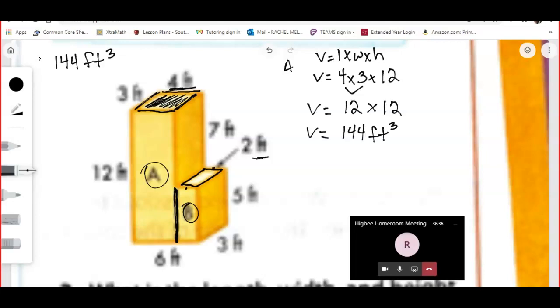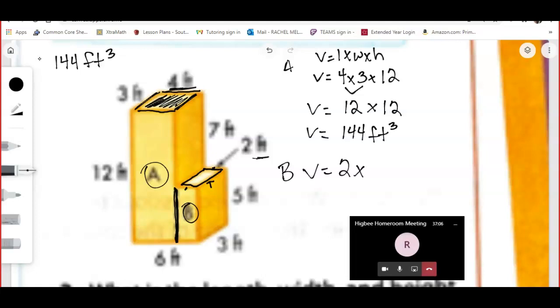So what is that length? It's 2, right? There's an arrow that's pointing right there that says, hey, that's 2. So 2. If this length is 2, what is the width? 5? What is this right here? I heard somebody say it. 3.